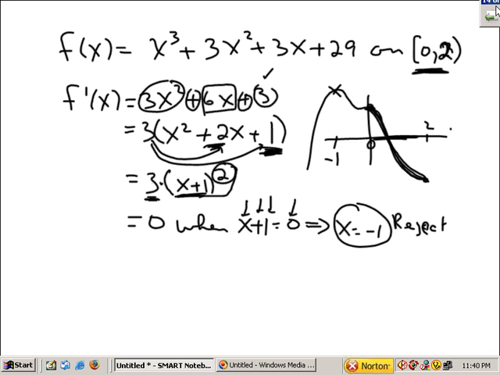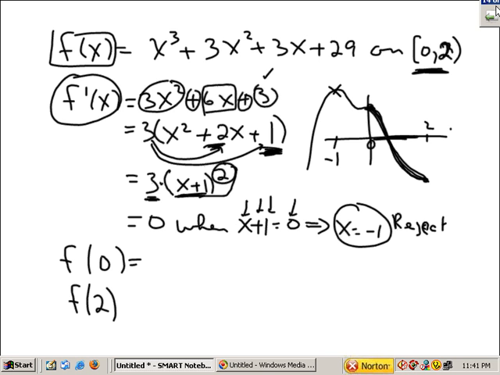Okay, so there are no values for the first derivative equal to 0 that we have to look at. There are no values that make the first derivative undefined that we have to look at. So now we just have to look at the endpoints. You always look at the endpoints. And since I'm asking for f of a number, we're going to look at the f formula.